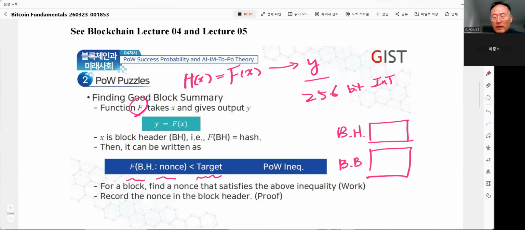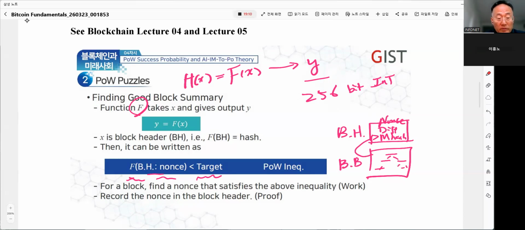The block body is made of Merkle hashes, and here there is a Merkle hash. And then the version number, difficulty, all those are recorded in the block header. You put this block header as an input. There is a nonce as well, a counter.